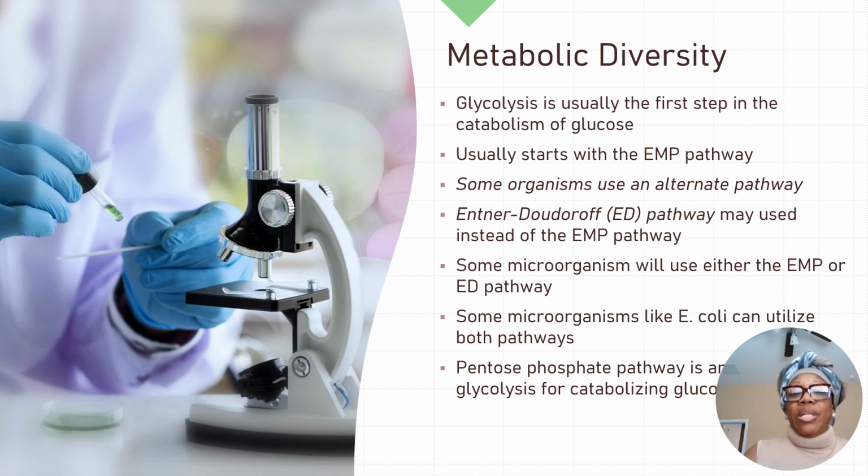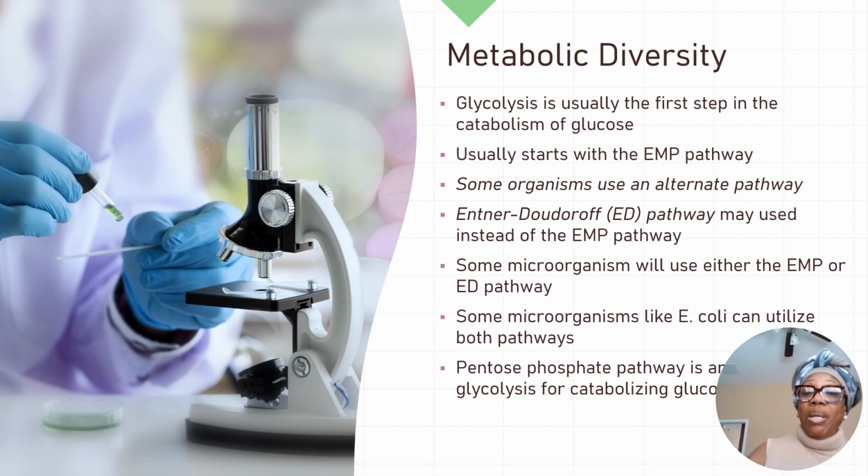But you have some organisms that have an alternate pathway. So instead of using that EMP pathway as their precursor to enter into glycolysis, they instead use another pathway called the Entner-Doudoroff pathway, or ED, simply ED, may be used instead of an EMP pathway. Some microorganisms will use either or.